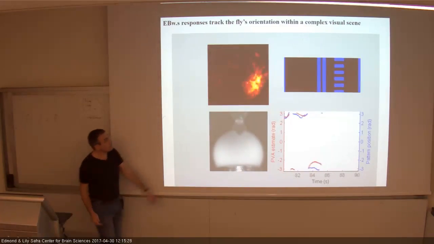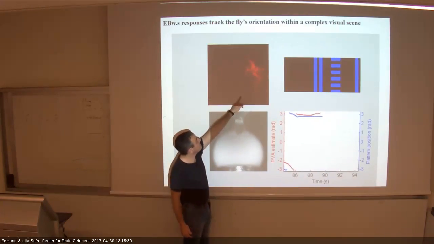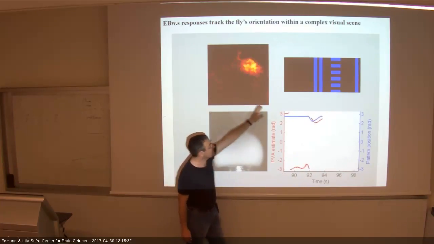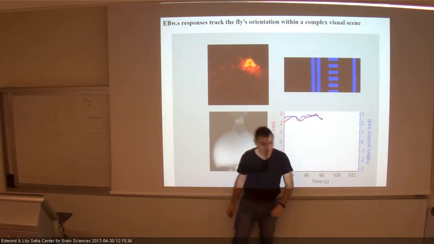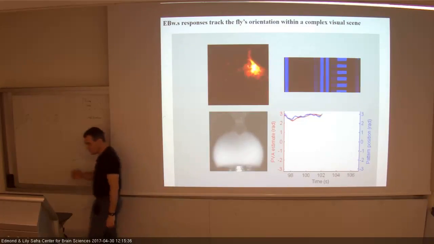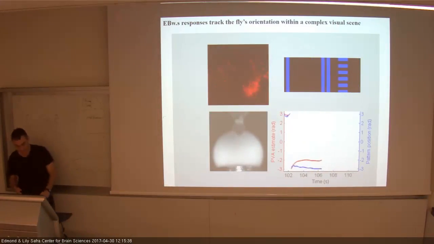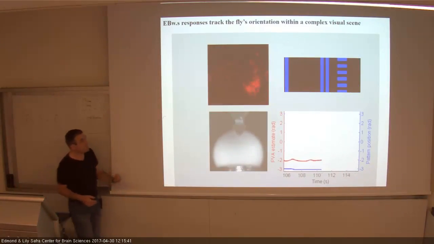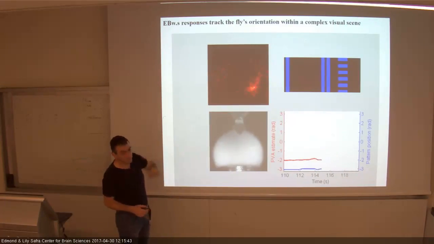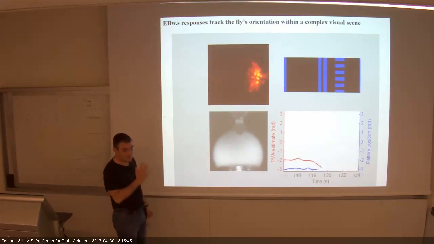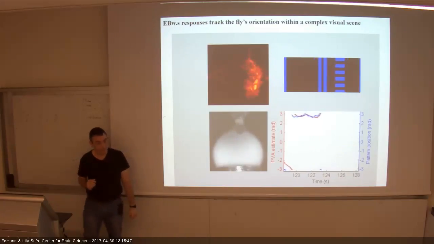So the neural activity is not qualitatively different from what we saw previously, despite the fact that the stimulus itself is very different. The activity of these neurons doesn't reflect the details of the visual stimulus, it only reflects the direction of this visual stimulus.